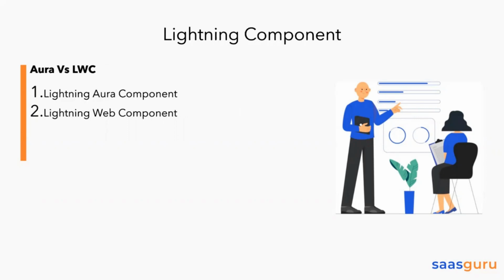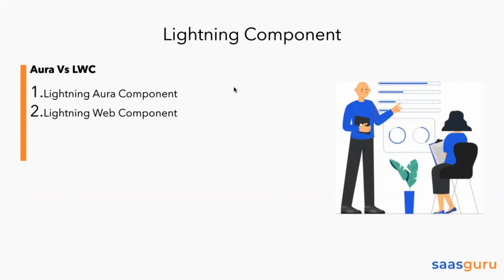Okay, now let's talk about Lightning components. Whenever you hear Lightning component, there may be a doubt in your mind: what is a Lightning component, and what are Lightning Aura and LWC? What are these terminologies? Let me discuss this with you.